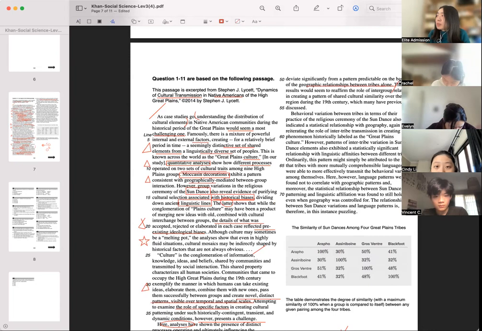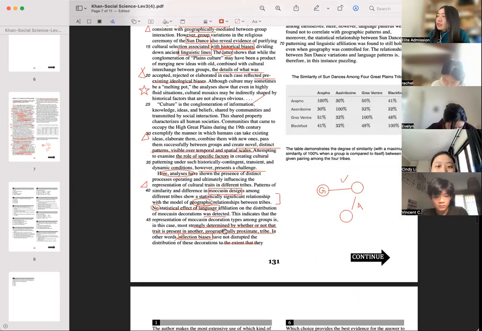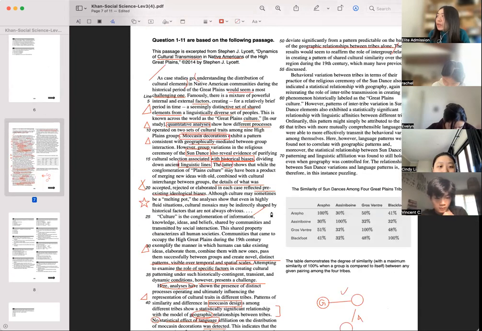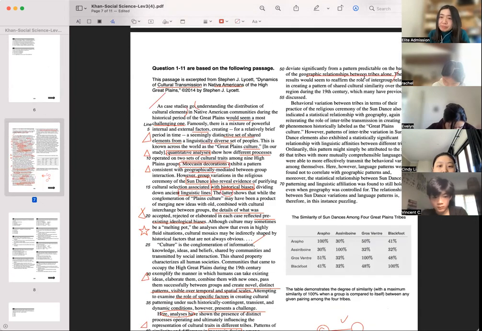Deviation from the pattern predictable on the basis of geography. So the selection bias would not disrupt the distribution of the decoration to the extent that they got influenced by the geography. So still the same thing.